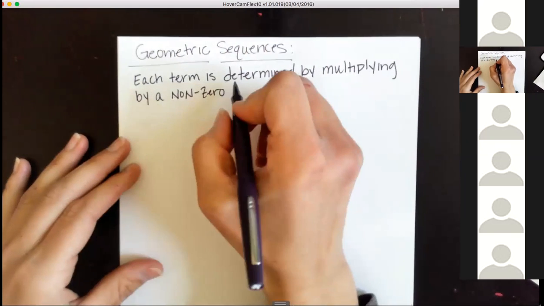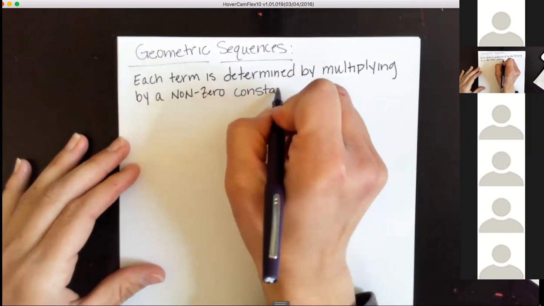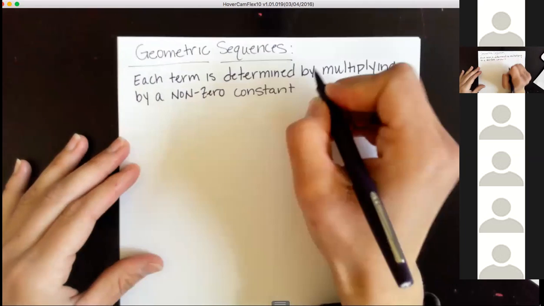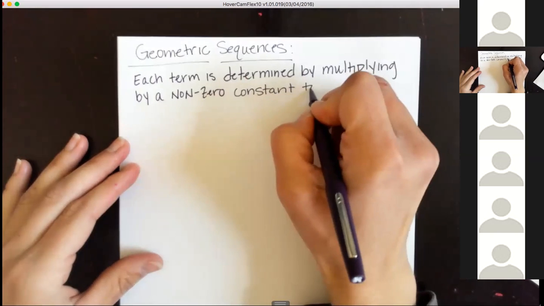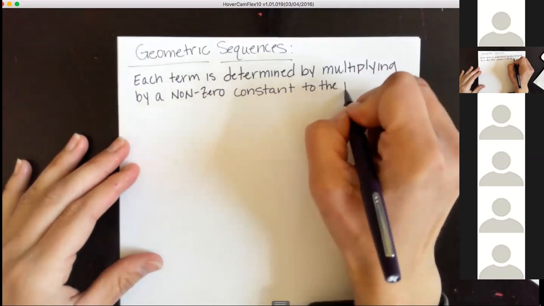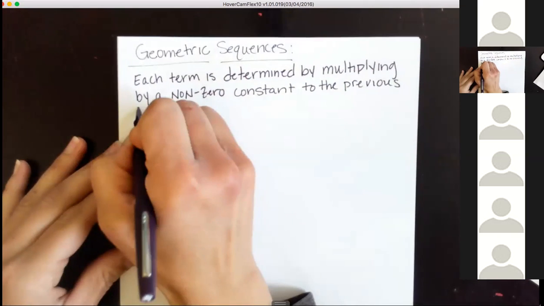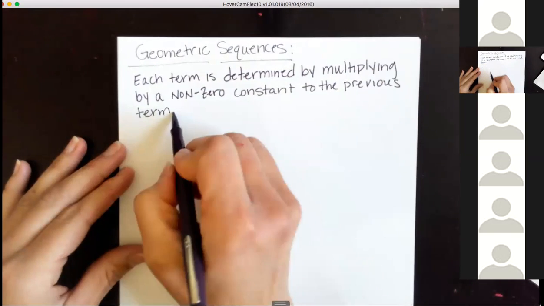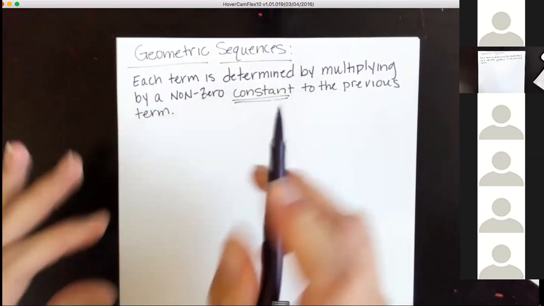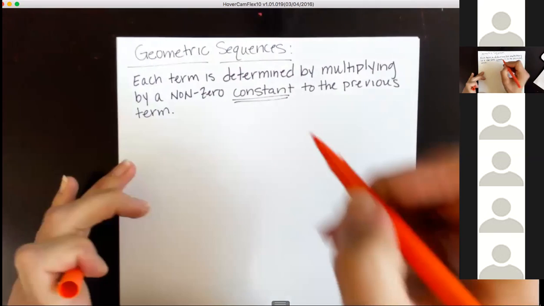So by a non-zero constant to the previous term, just like we did with our arithmetic. This constant is called the common ratio.